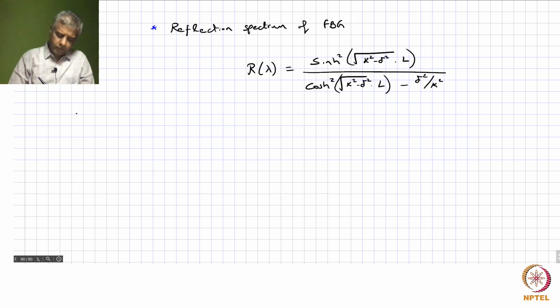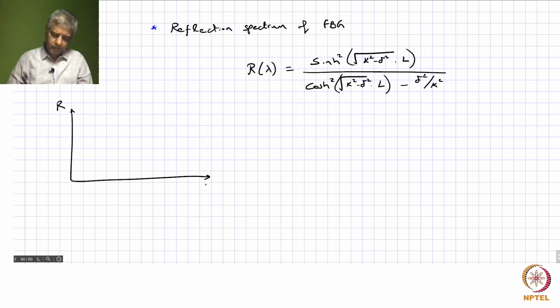So if we plot the reflectivity as a function of lambda, we typically see a spectrum like this.